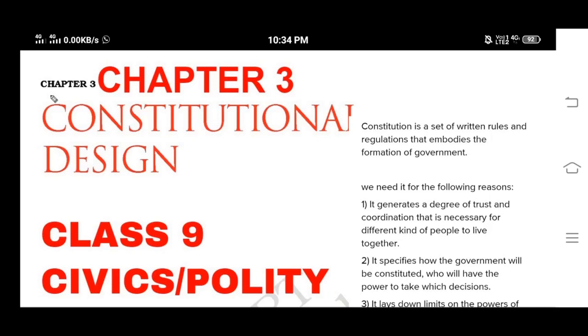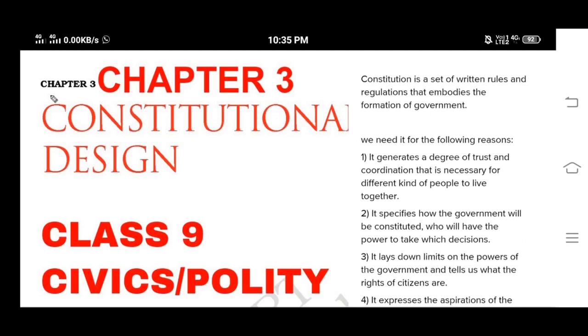It means that constitution generates, it creates a trust and coordinates different people belonging to different regions, different religions, different races, different colors, and it gives them a fair chance to live with peace and harmony. It's the first reason why we need constitution.